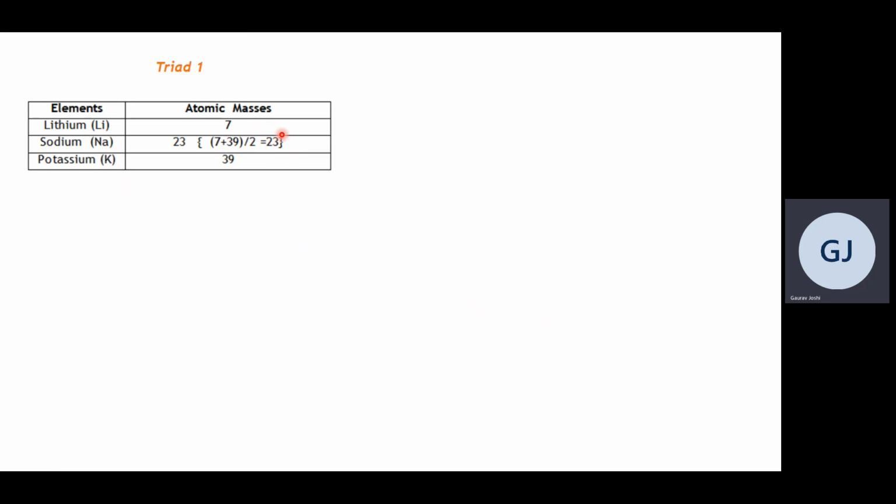So the element having an atomic mass of 23 will be placed in this triad. The atomic mass 23 is of sodium, right? So he placed lithium, sodium and potassium together, saying that these three elements have similar chemical and physical properties.